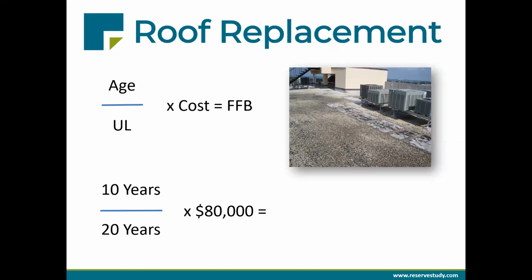Since it's halfway through its life, we only really need to have half of the replacement cost saved up today, recognizing that we have another 10 years to collect the difference. So we'll take 10 over 20, multiply that by $80,000, which tells us that the theoretical fully funded balance for the roof as of right now is $40,000. Again, it's halfway through its life, so we should have half of the replacement cost saved up.